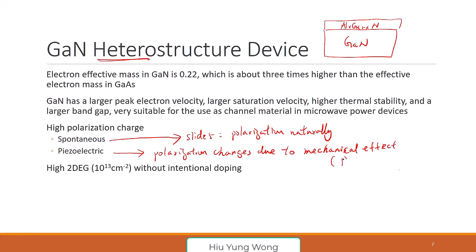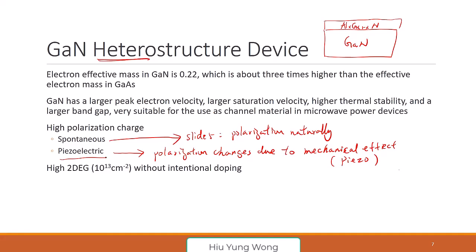And this is what we call piezoelectric. Piezo means mechanical. Electric is polarization. So you squeeze it, it's going to generate more charge. And this is what we use for some materials. We use this to generate electricity by applying force to it. Okay, piezoelectric effect. So polarization comes from two things in a gallium nitride device.